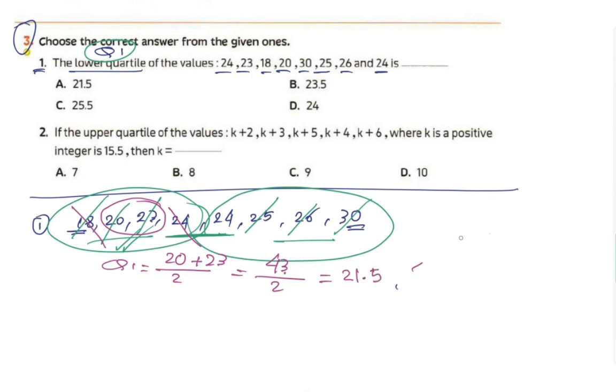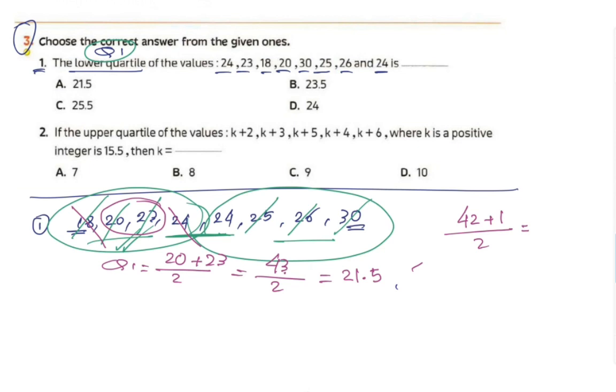Again, note with me, I will split 43 as 42 plus 1, over 2. Why? Because 43 is not divisible by 2.